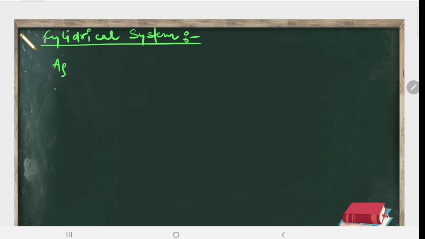The next target is to express vector A in the cylindrical coordinate system, so we are trying to find the A rho, A phi and Az components of the vector.